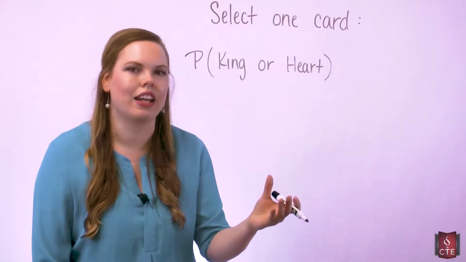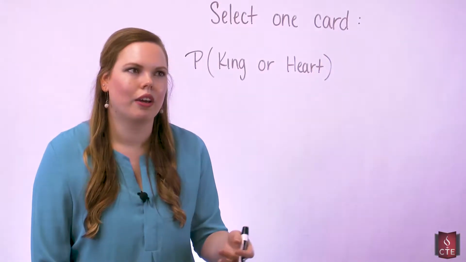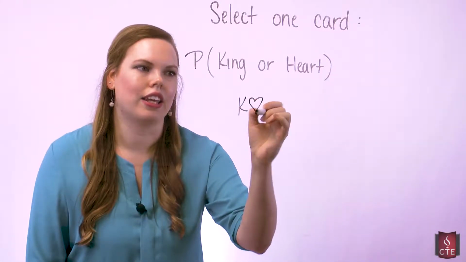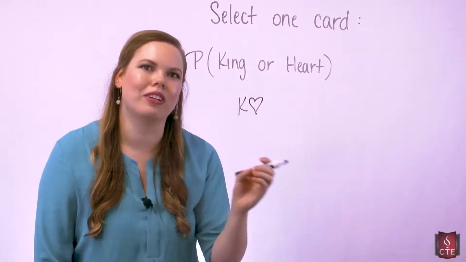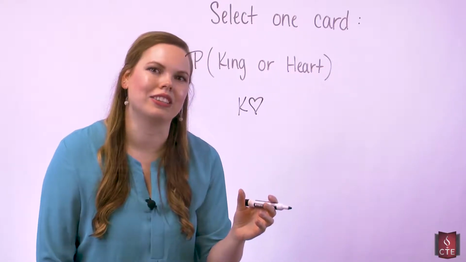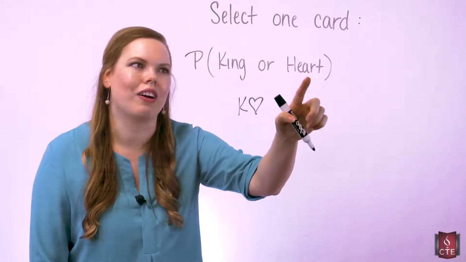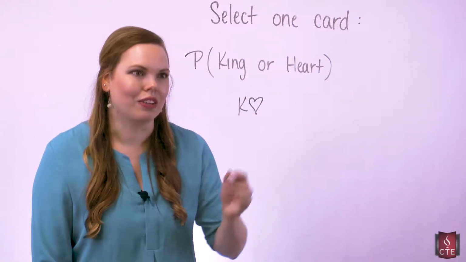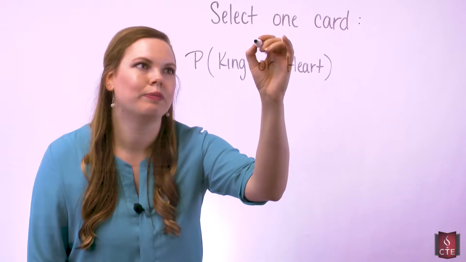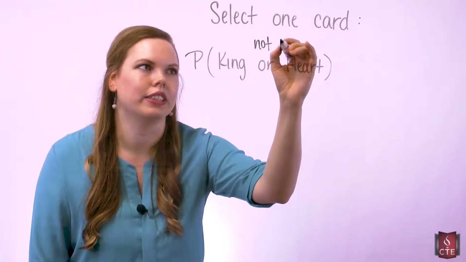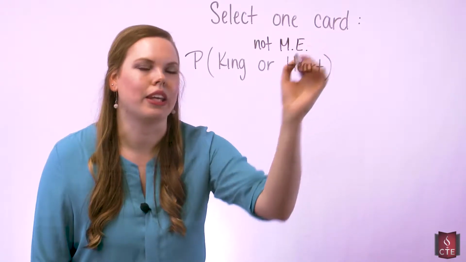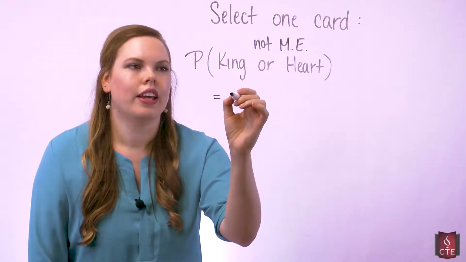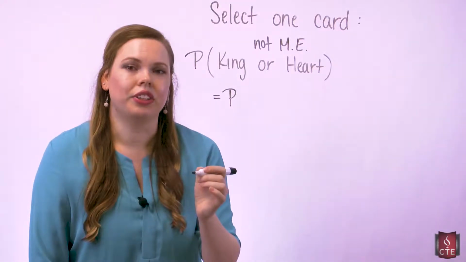A king and a heart when you're selecting one card. Well, they're not, because we've got the king of hearts. So we've got an overlap between these two events, where the king of hearts is an AND between the two. It's a king and it's a heart. So these are not mutually exclusive. I'm going to use the abbreviation not ME for not mutually exclusive. So we'll use our general addition rule.